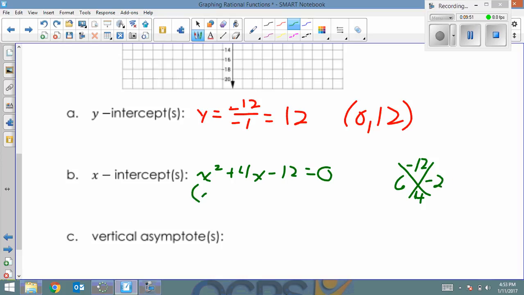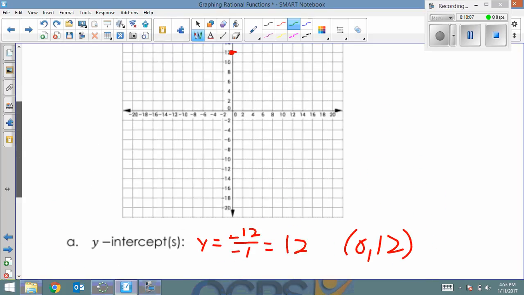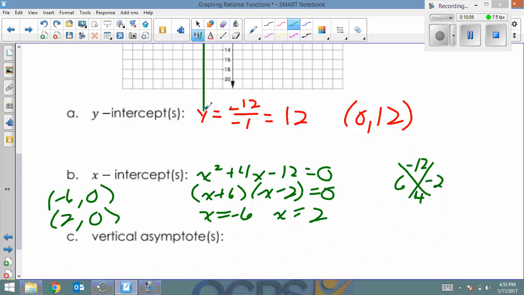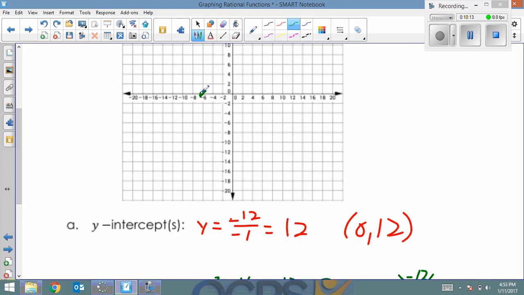So it would be x plus 6 and x minus 2 equals 0. So x will equal -6 and x will equal 2. So we have a point at -6, 0 and a point at 2, 0. We're going to graph both of those: -6, 0 and 2, 0.